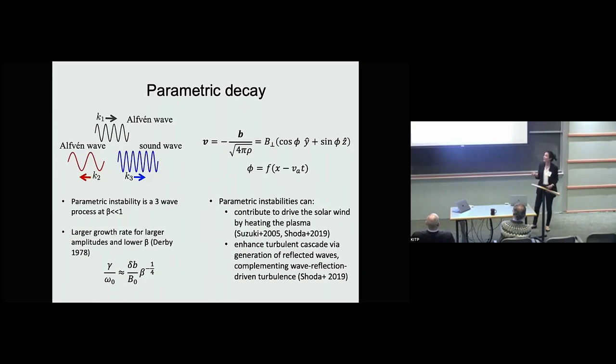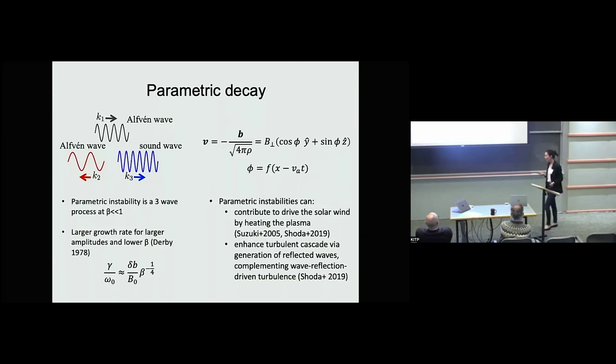Okay, and so it's particularly appealing because, first, it's another way to generate reflected modes, and so it can complement the inhomogeneity reflection business. And second, by generating ion acoustic modes, it can also enhance heating.